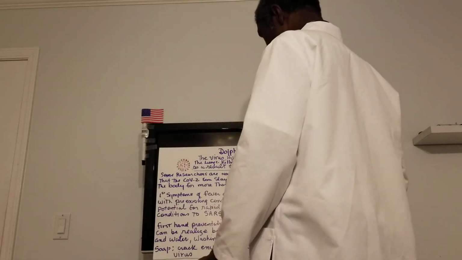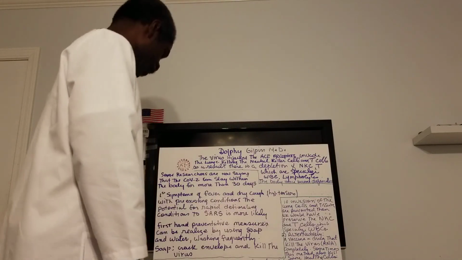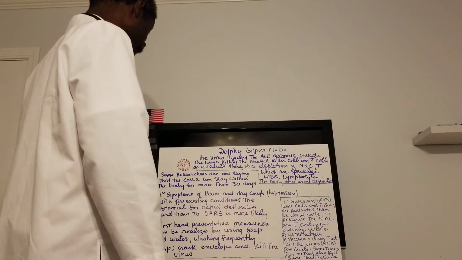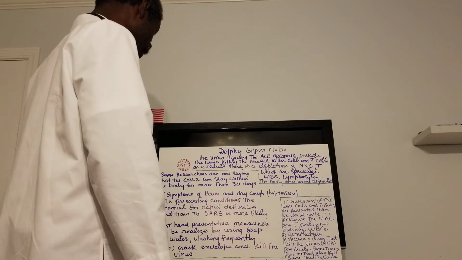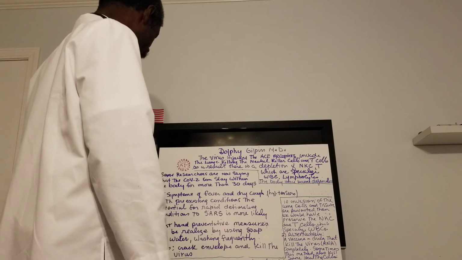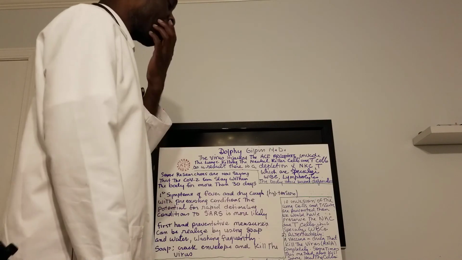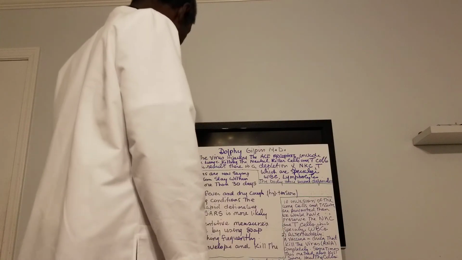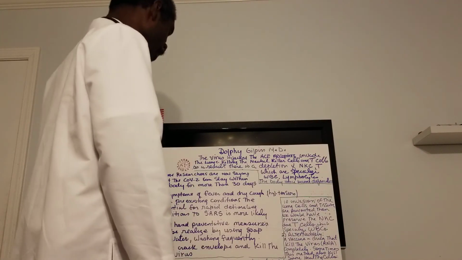Another way is to completely destroy the virus itself, and by so doing we will prevent it from entering the body, the cells and the lungs, and causing damage. But most of the time, when we try to kill these microorganisms, as in cancer, we also destroy healthy tissues and cells, and this can be detrimental to the body.